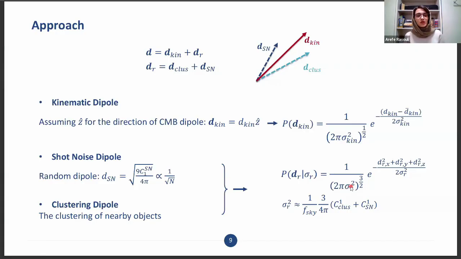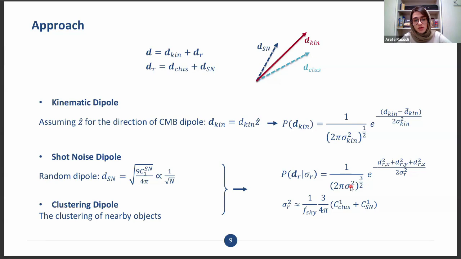Our approach to study this tension further was that we considered the total dipole of the NVSS to have three main components. At first, we have the kinematic dipole, which we assume is the same as the CMB dipole in both magnitude and direction. Then we have the shot noise dipole, which is a random dipole because we are working with discrete sources. And then we have the clustering dipole.